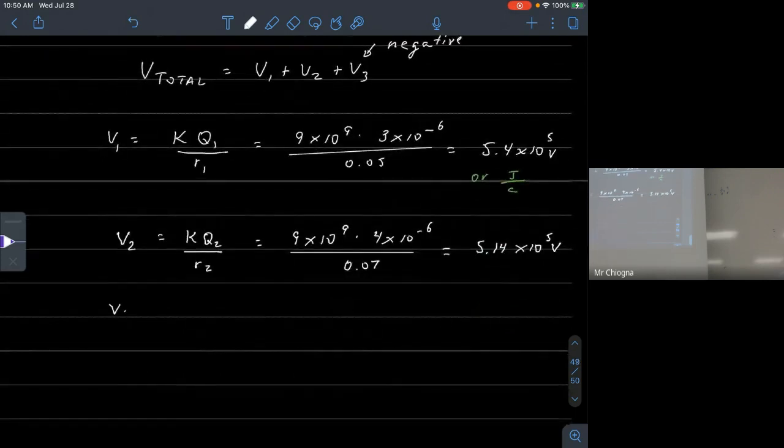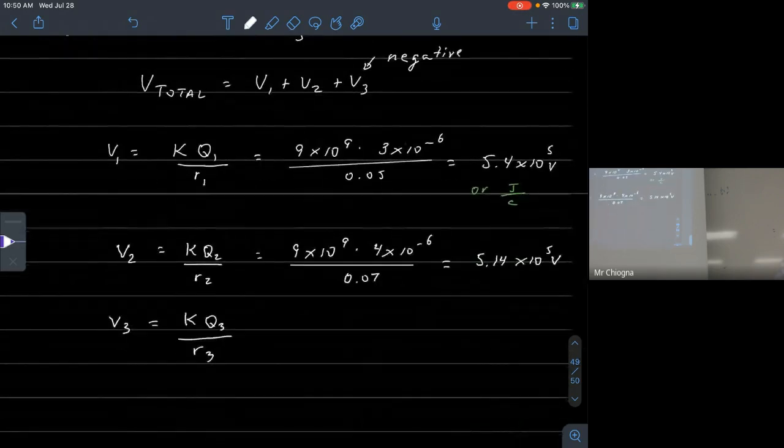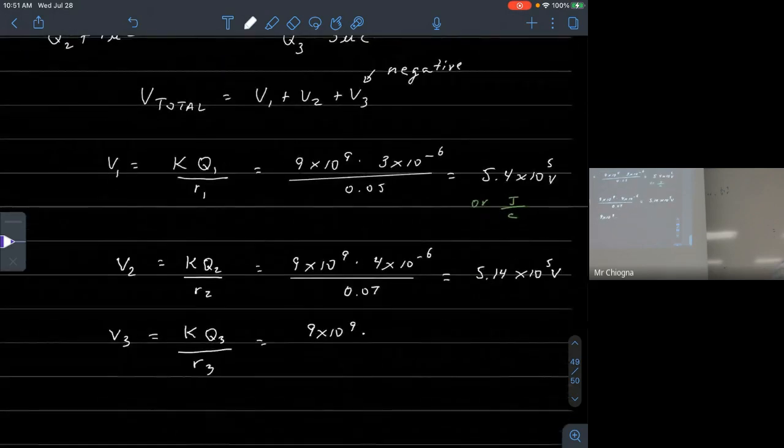V3 is kQ3 over R3. Subscripts all the same. This is R3 here. It's 5 centimeters. It's the same calc, is it? No, it's a different charge. Okay, so 9 times 10 to the 9 times, make sure you include, now we include a negative.